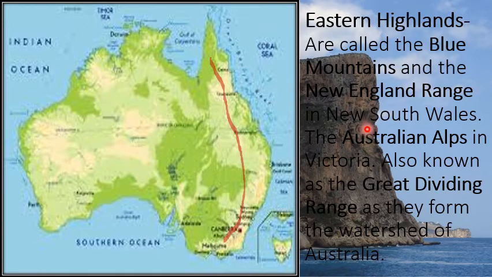These are also known as the Great Dividing Range as they form the watershed of Australia. Watershed means a physical feature which divides two river systems. So this mountain region separates the rivers flowing east from the rivers flowing to the west.